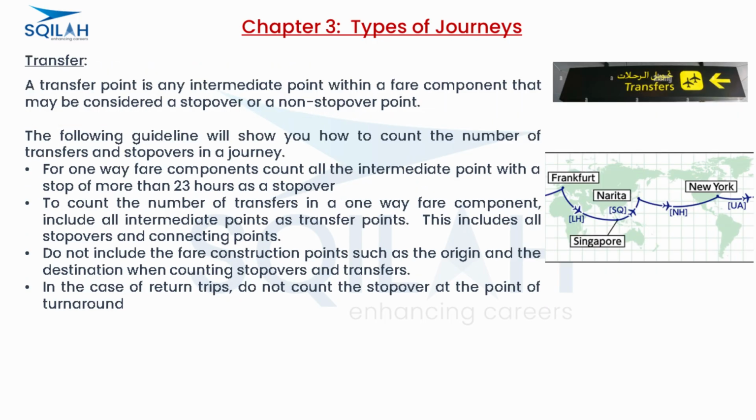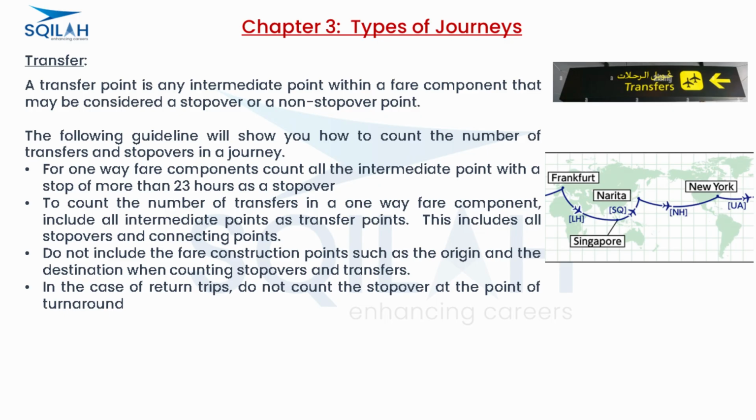Transfer. A transfer point is any intermediate point within a fare component that may be considered a stopover or a non-stopover point. The following guideline will show you how to count the number of transfers and stopovers in a journey.